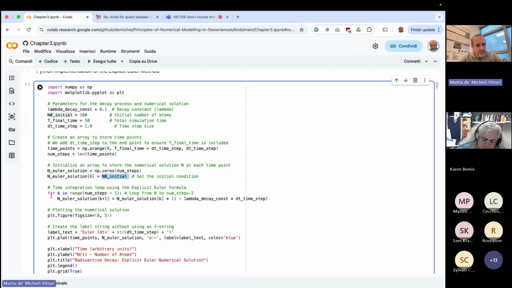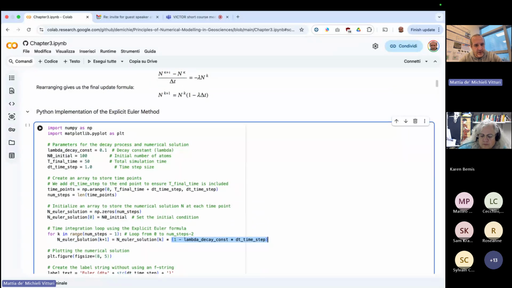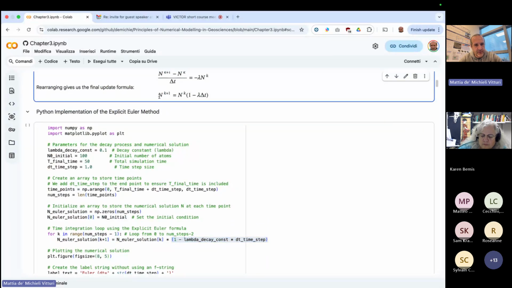And now here we do a loop over all the time steps, where we update the solution at the new time step based on the solution at the previous time step multiplied by this. And you can check that this is exactly the formula that we derived before.